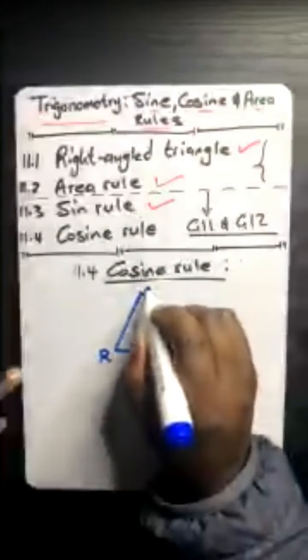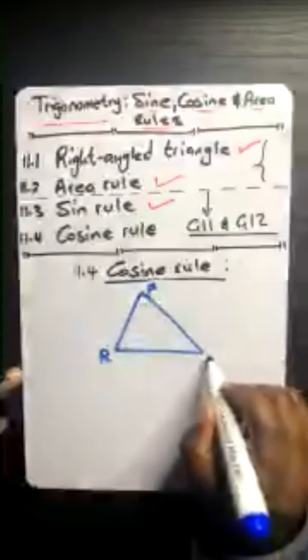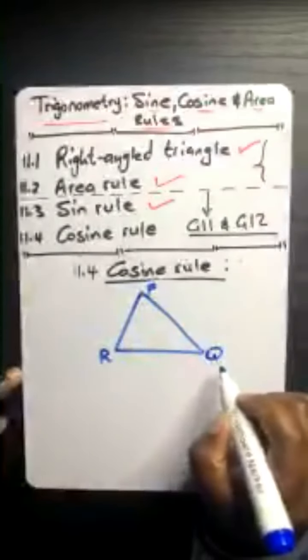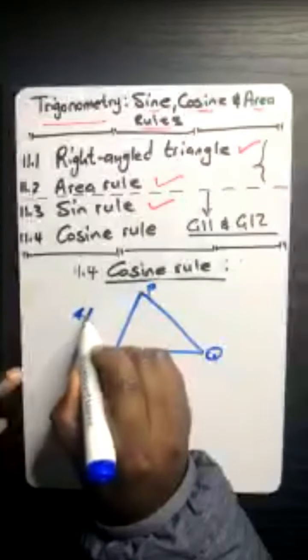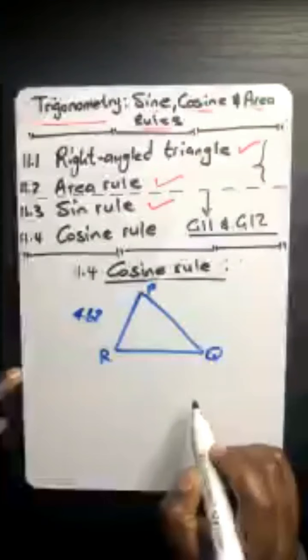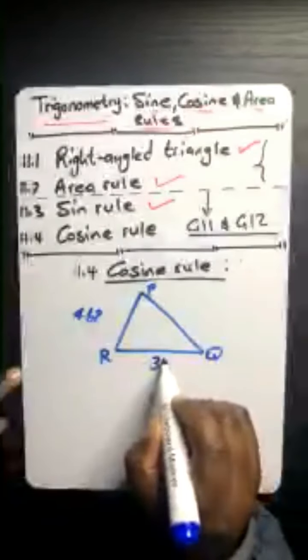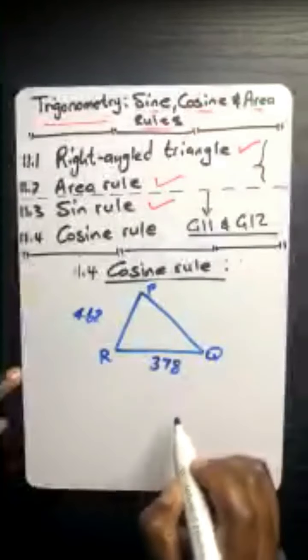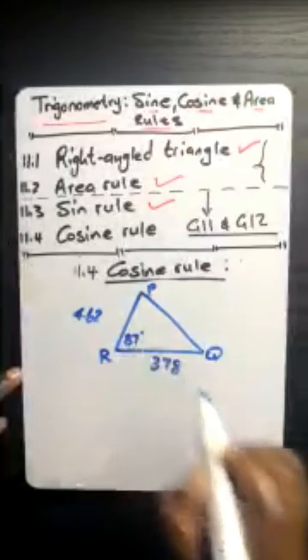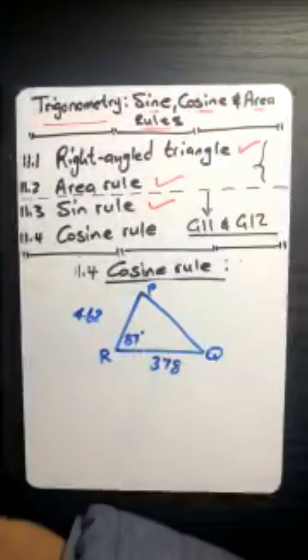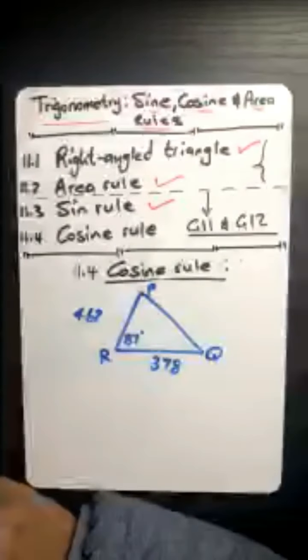Let's say this is R, this is P, this is Q. Let's say this side is 62, this one is 378, and maybe this angle we make it 87 degrees.